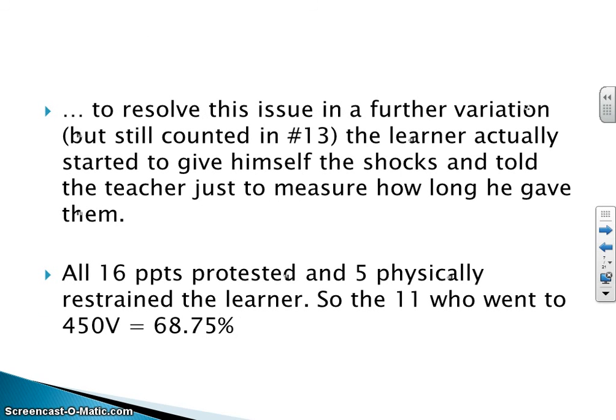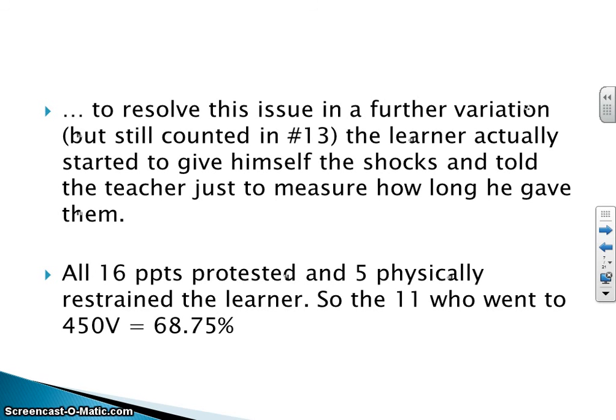To resolve this issue, something that Milgram did in another variation, but it still gets counted as number 13, is the learner, Mr. Wallace, actually started to give himself the shocks. He told the teacher just to sit there and kind of measure or monitor how long he gave himself each shock for. In this kind of little mini variation, all 16 participants protested, and 5 had to physically restrain the learner from giving themselves the electric shocks because they were that uncomfortable with how much pain it was causing.